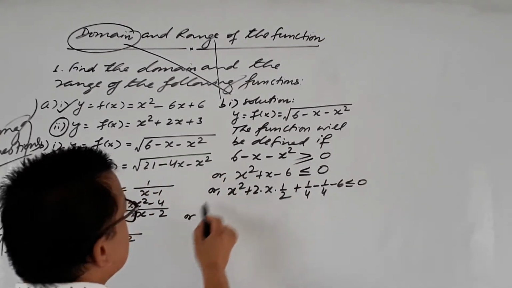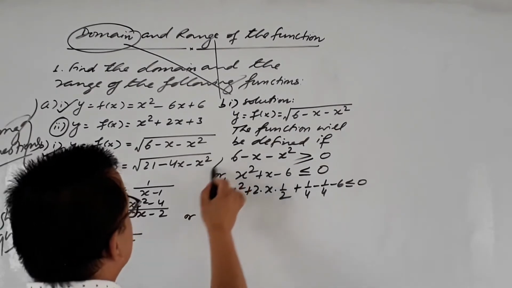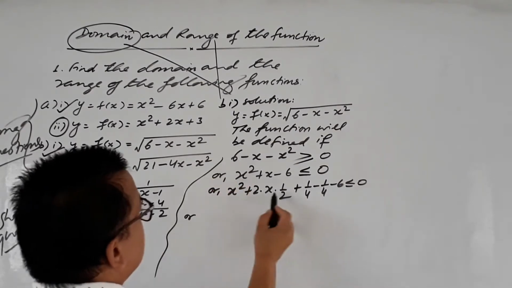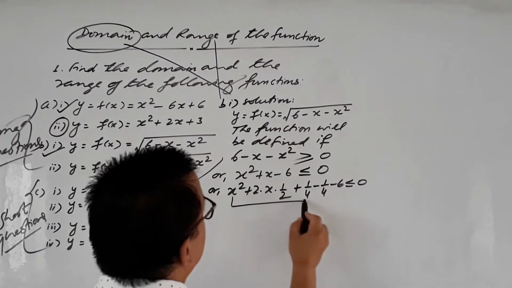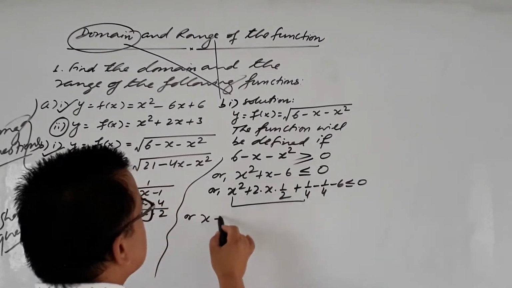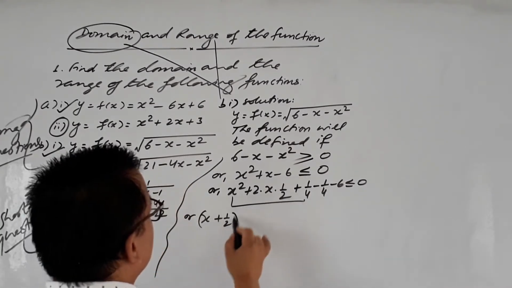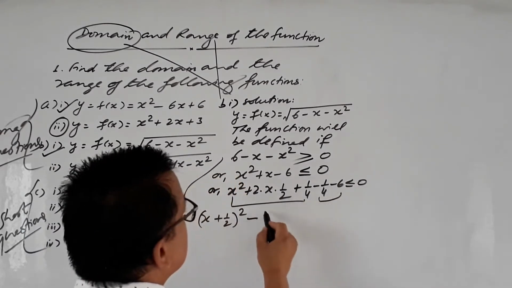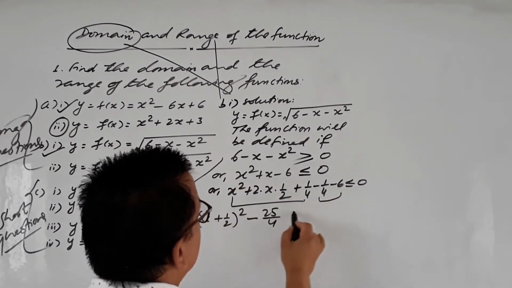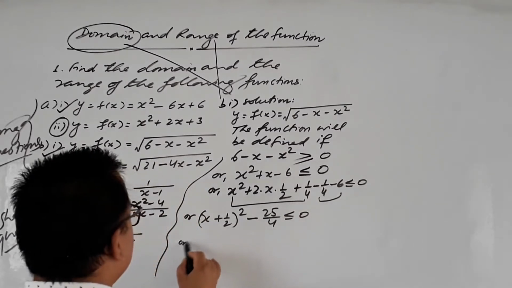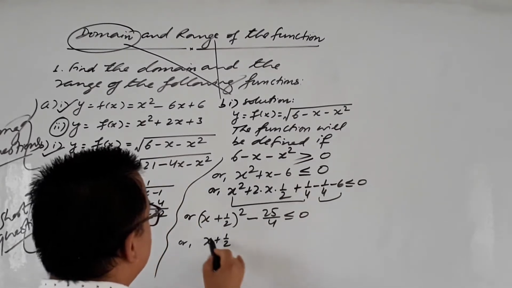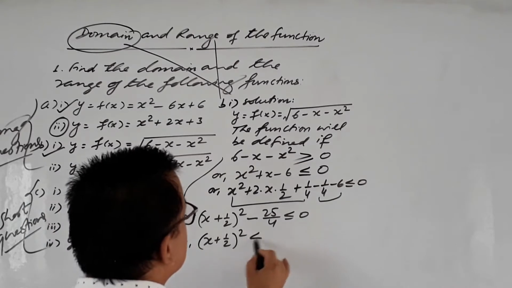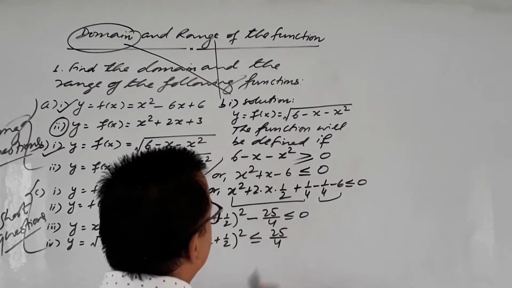Because I need speed, I am writing the whole square form: x plus 1 by 2 whole squared, and it's going to be minus 25 by 4 less than or equal to 0, or x plus 1 by 2 whole squared less than or equal to 25 by 4.